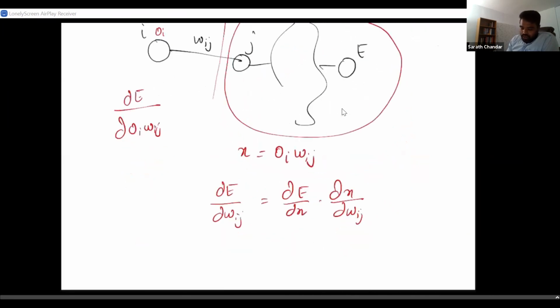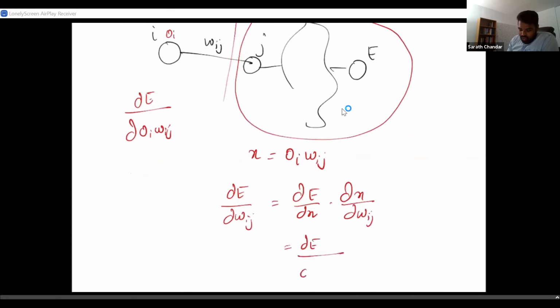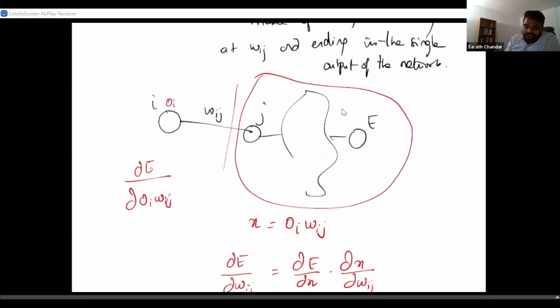So dou E by dou x is exactly dou E by dou OI wij, and dou x by dou wij is OI, right? So whenever I want the gradient with respect to this, all I have to do is multiply the gradient that is coming from the right side with the output of the previous unit.